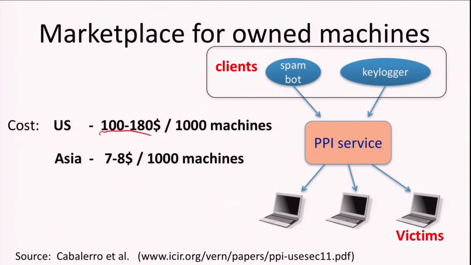The going prices were between $100 and $180 for infecting 1,000 machines in the US, and in Asia the rate was $7 to $8 per 1,000 machines. But this might have changed, but you get the idea about how these botnet owners are making money.